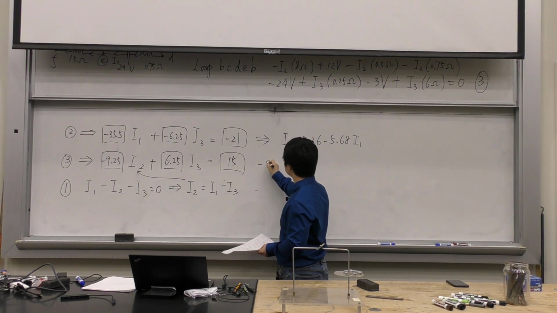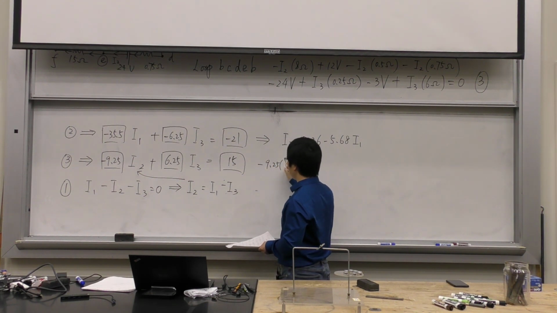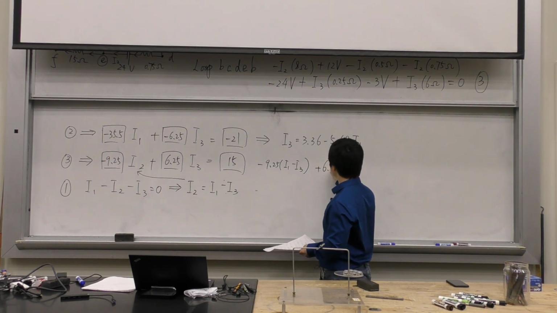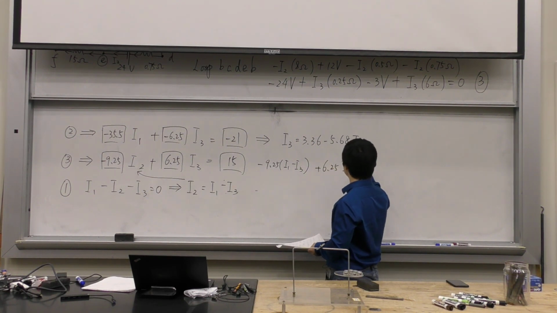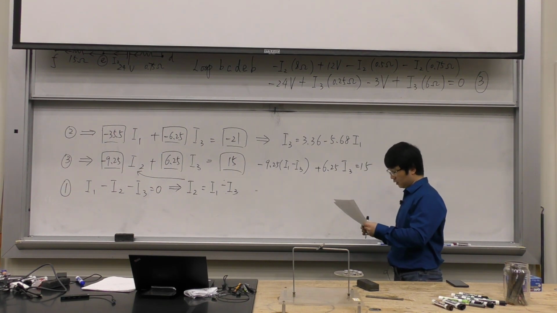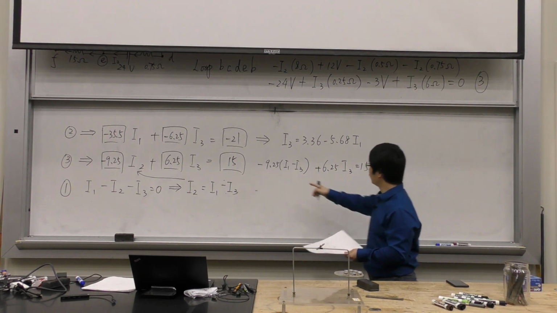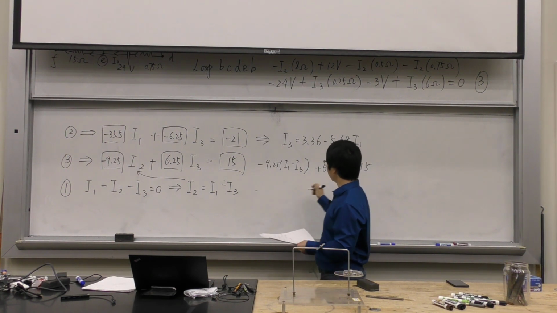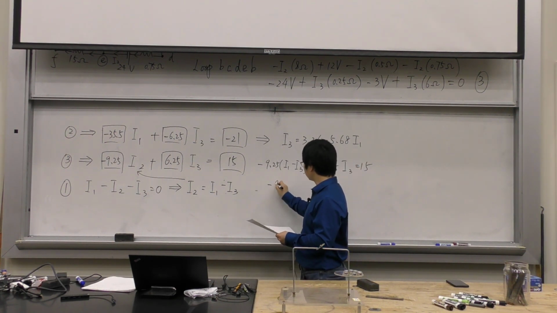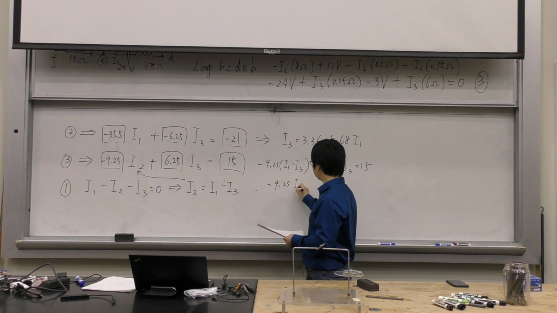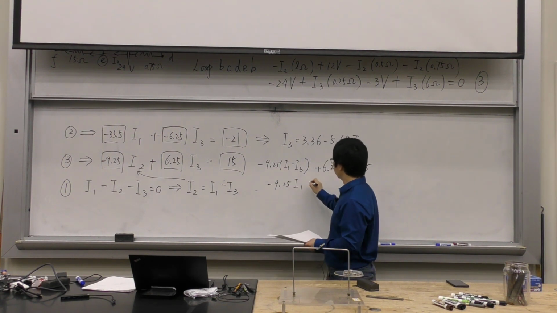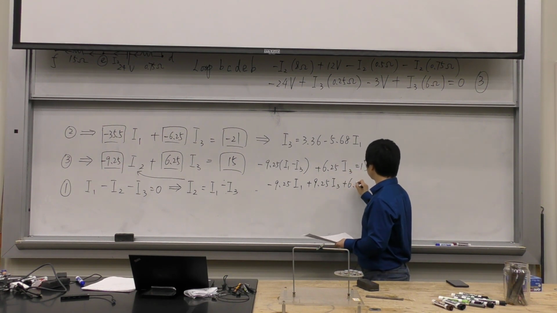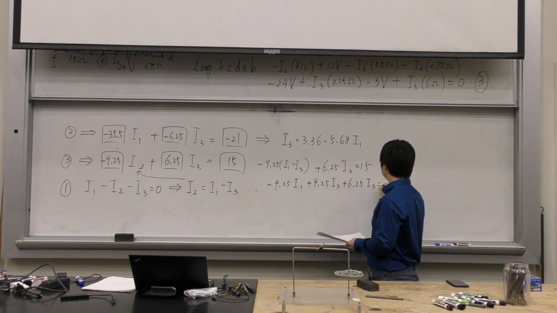So I get negative 9.25 (I1 minus I3) plus 6.25 I3 equals 15. Then I'm going to distribute this and put these I3s together. So I would get negative 9.25 I1, positive 9.25 I3 plus 6.25 I3 equals 15.